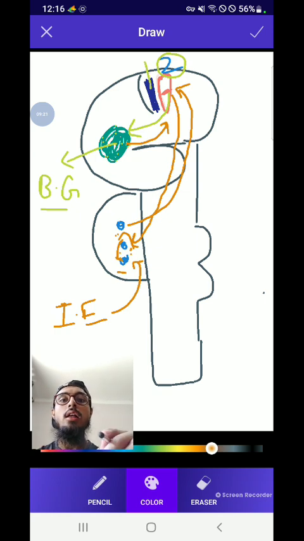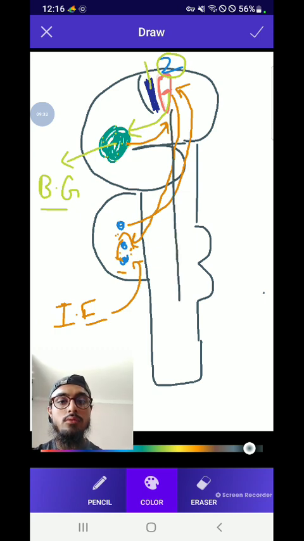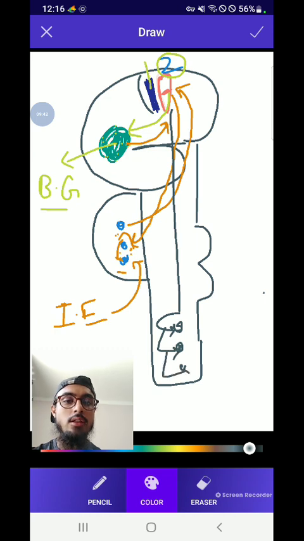All the functions are performed in this manner: the planning, sequence and execution. So at the end, the pathway goes down and contributes with the spinal cord, and the post neurons go towards which structure?